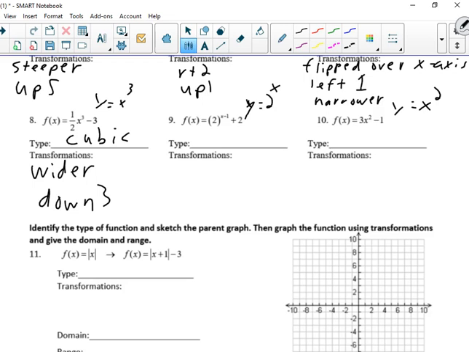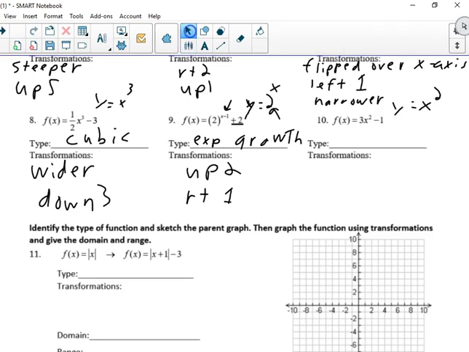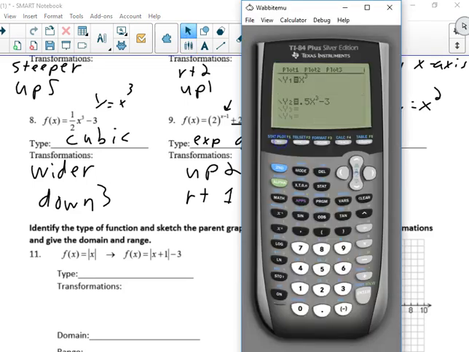All right, 2 to the x. That's exponential growth. If this was a fraction less than 1, then it would be exponential decay. Hopefully you already know this is up 2 at this point. And you look at that and go, oh, minus 1 means left. Nope, it means right 1. But let's use my calculator to verify. So I go to here, I clear out what I've got.